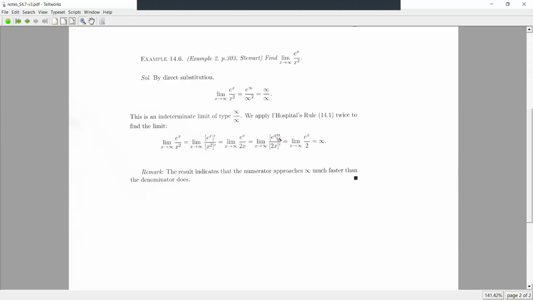Take the derivative of the top, take the derivative of the bottom. Then we get this limit. Now as x approaches infinity, e^x approaches infinity. The denominator is a constant, so the whole quotient will approach infinity. So therefore, this limit is infinity.